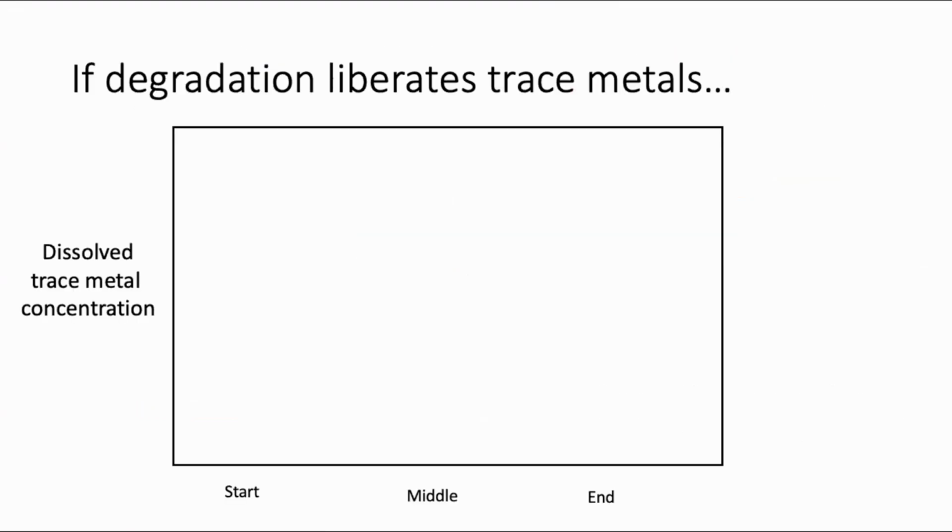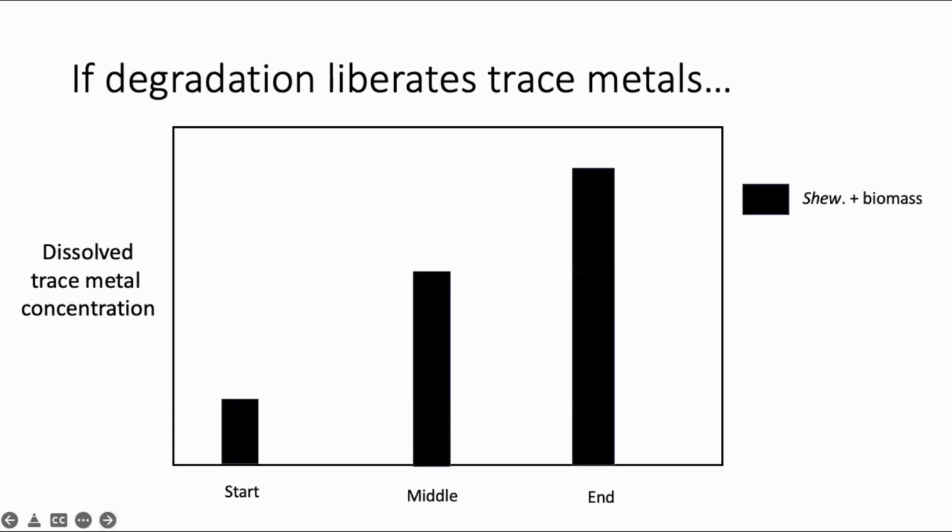So in a hypothetical situation, if we are to assume that the breakdown of biomass liberates trace metals over time, then over time on the x-axis here, we would expect to see some change in dissolved trace metal composition. We would expect to see a change in our experimental vials that differs from our controls, both in terms of trend and in terms of the concentrations of trace metals that we're seeing.